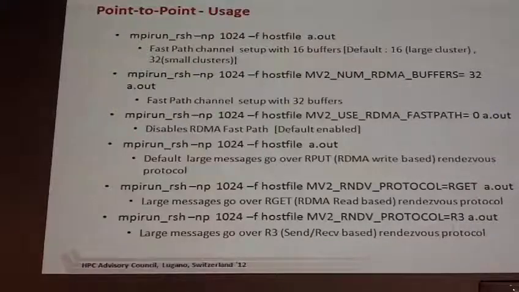There are 16 buffers for large and 32 for small. You can actually adjust this buffer. Here it says number of RDMA buffers is 32, so you can set up more, but be aware that it will consume some more memory. Or you can totally disable RDMA fast path also. Here it says for large messages, the default is rput, which is RDMA write, but you can change to rget, you can change to R3.